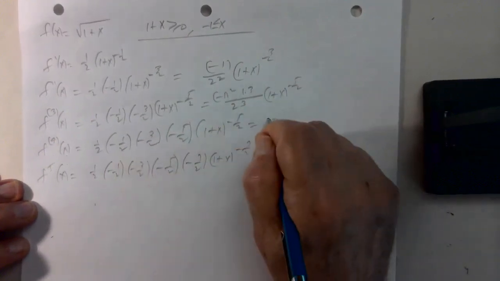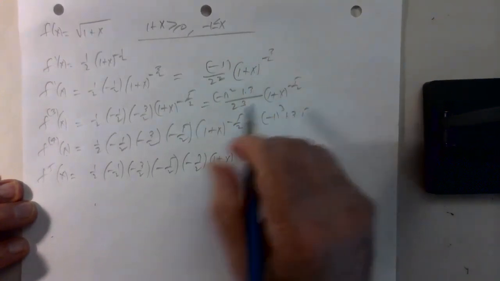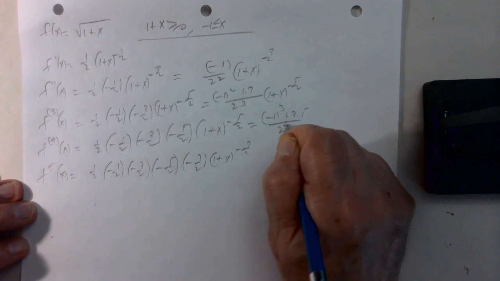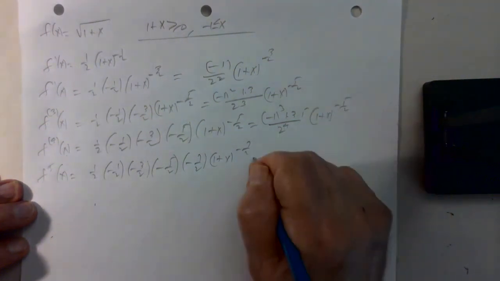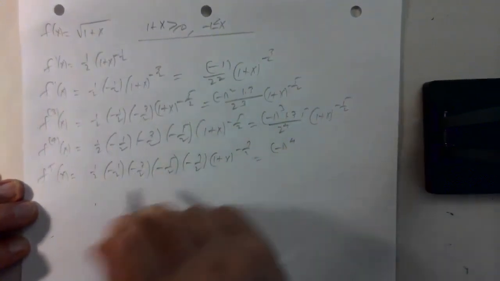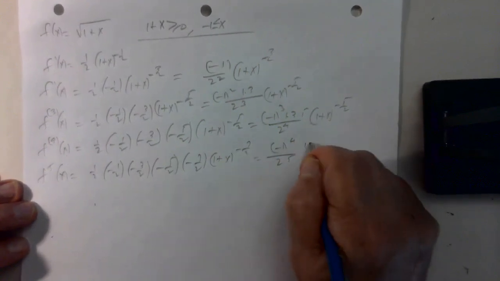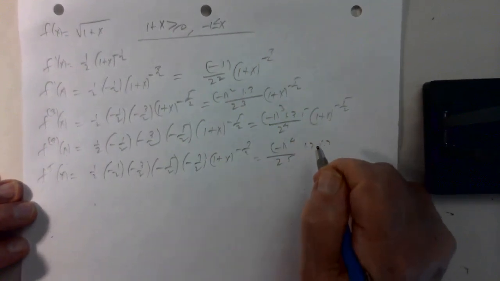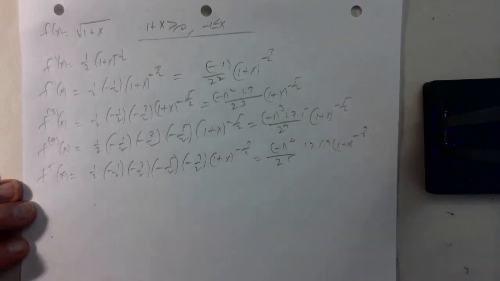Minus, minus, minus, this is minus 1 cubed, 1 times 3 times 5 over 2 to the 4th, 1 plus x to the minus 7/2. Here I have 4 minus signs, minus 1 to the 4th over 2 to the 5th, 1 times 3 times 5 times 7, 1 plus x to the minus 9/2.